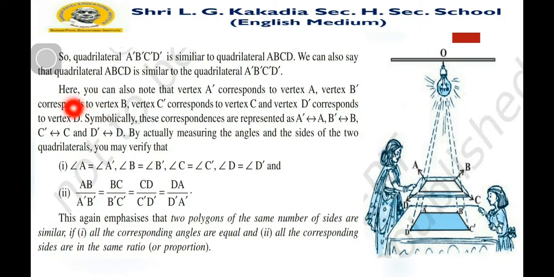Here you can also note that vertex A dash corresponds to vertex A, B dash corresponds to vertex B, C dash corresponds to vertex C, and D dash corresponds to vertex D.